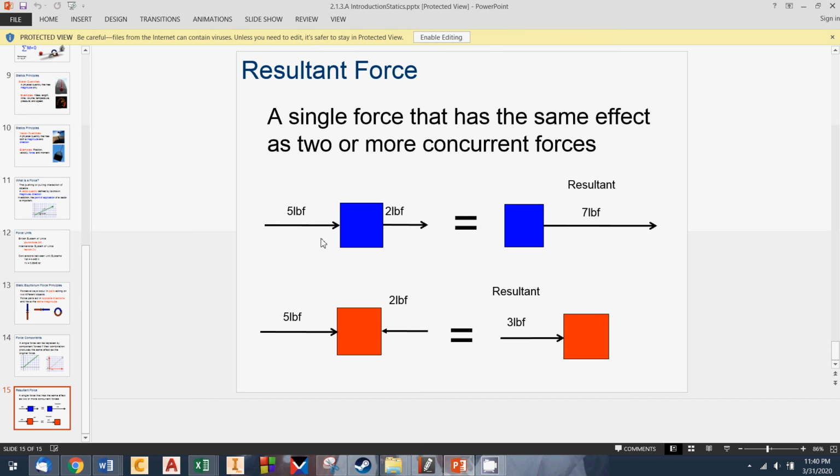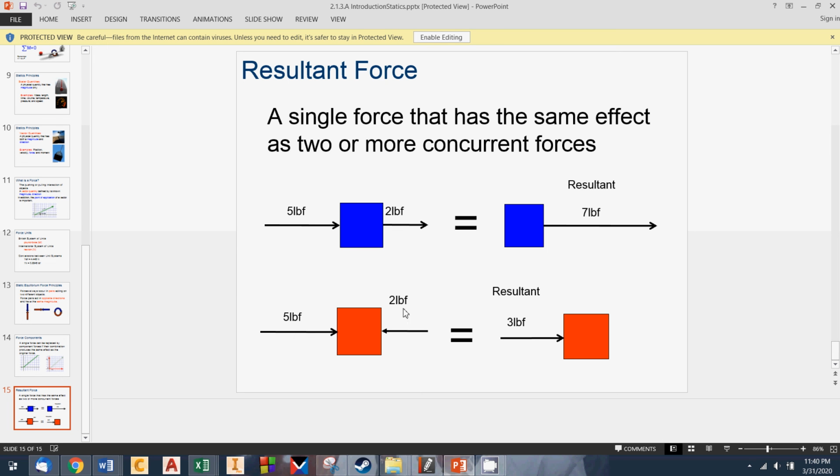So this blue object, we have a 5-pound force and a 2-pound force. Since they're both going to the right, we'd say they're both positive. So positive 5 plus positive 2 equals positive 7. So it results in a 7-pound force to the right. With the red square, we have a 5-pound force to the right and a 2-pound force to the left. So the 5-pound force to the right would be positive.